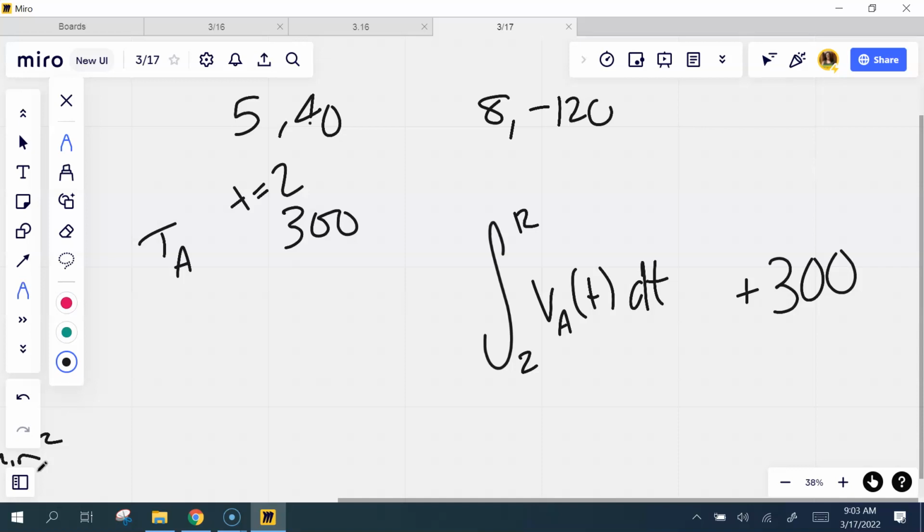What if I went from 0 to 12? Technically it's the same thing. No, because you have to take into account that at t equals 2, it's 300 meters east. They only wanted you to go from 2 to 12.